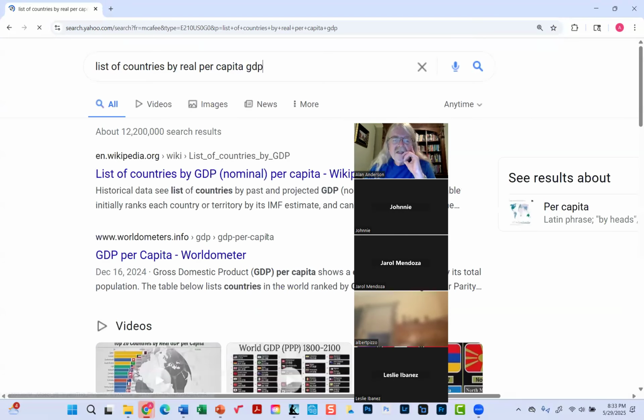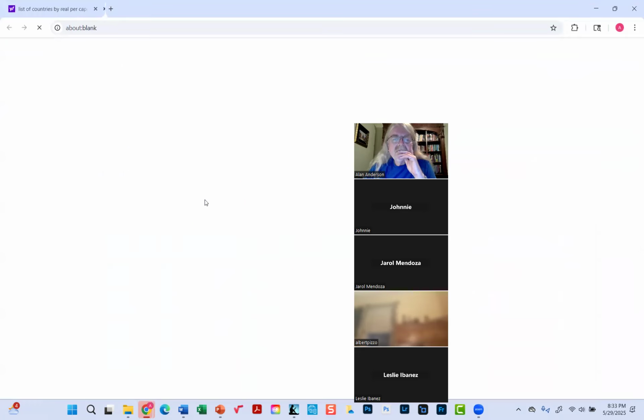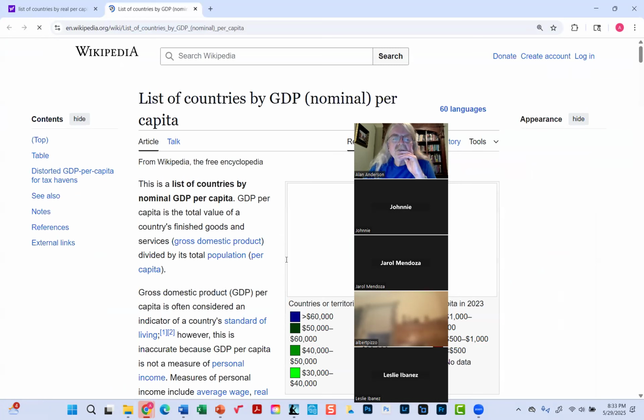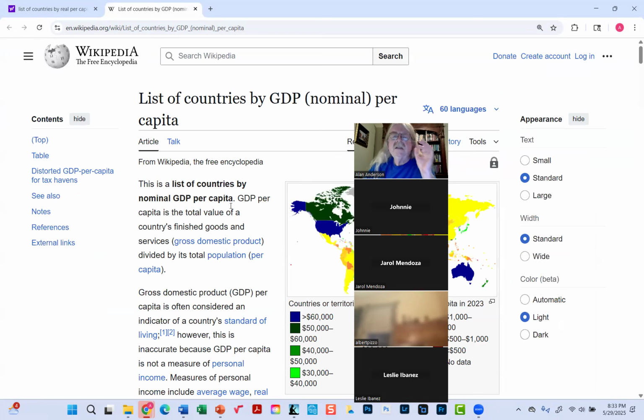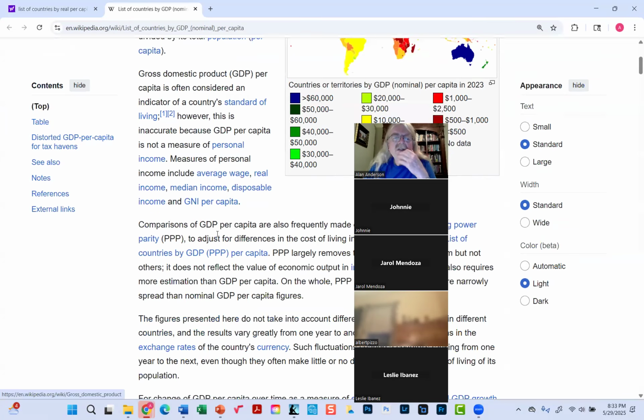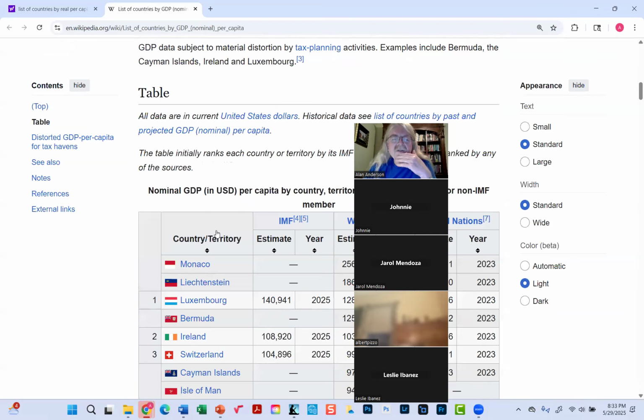Now you'll see here that because we're taking into account the size of the population, oh, this one seems to be nominal. That's okay. Nominal is the actual dollar value of what's being produced. Real means we've adjusted it for inflation. So let's see, here's the list.